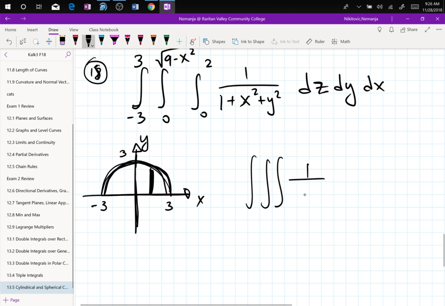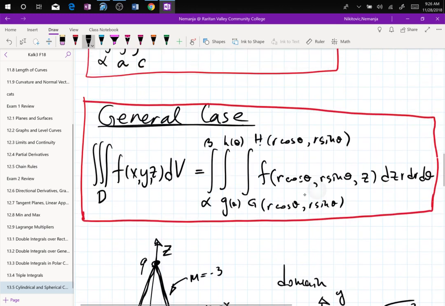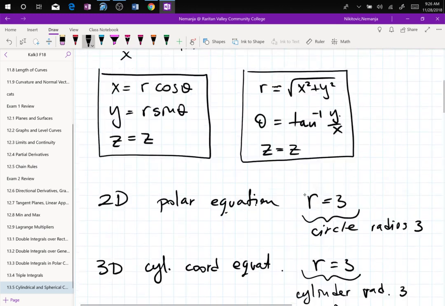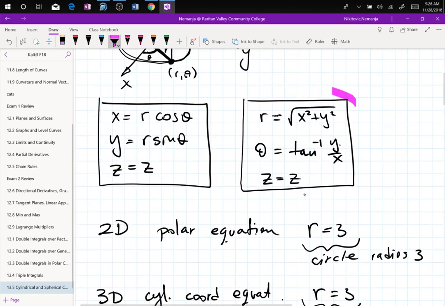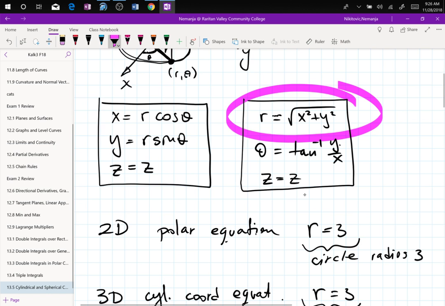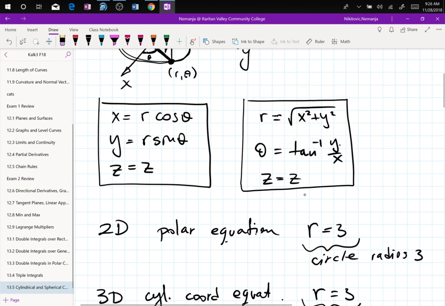What do I have? First off, I have 1 over 1 plus r squared. That's because x squared plus y squared is r squared in a conversion to polar. We have the equation for that, right? You should know that from your Calc 2 class. I wrote it here, that r is equal to the square root of x squared plus y squared, which means x squared plus y squared is r squared. That's your Pythagorean theorem.